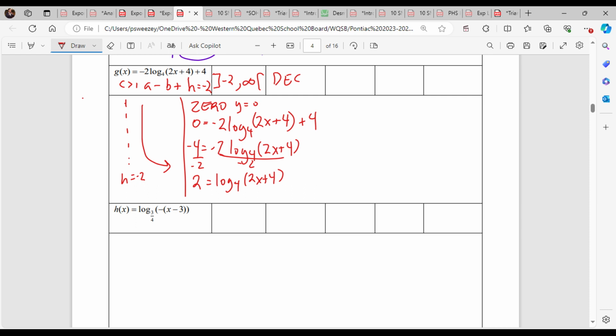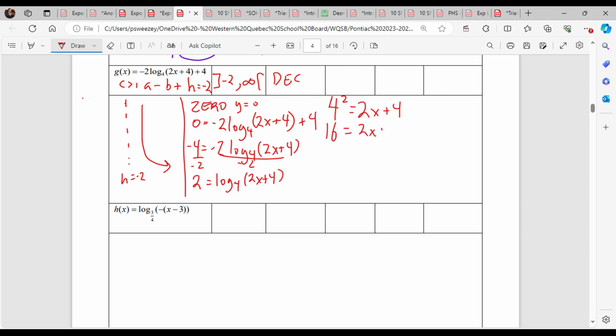That's the power. That's what's going to become the exponent. 4 will become the base, and then 2x plus 4 equals, like, what x? Yeah, perfect. So basically to rewrite it now, 4 to the power of 2 is equal to 2x plus 4. And just square it, and then just algebra.